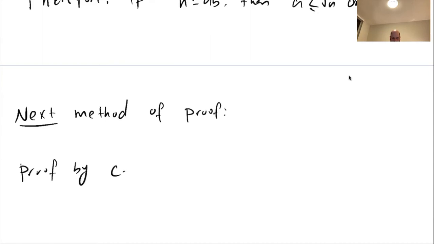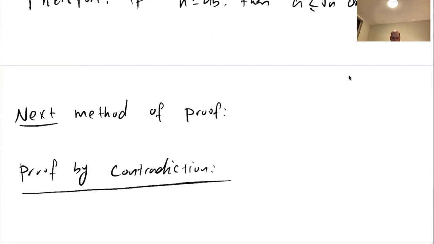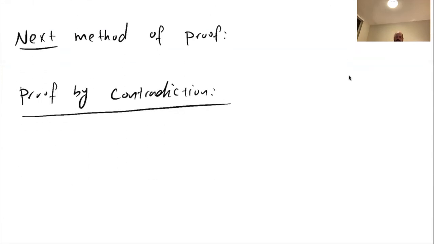Okay, so the next method of proof: proof by contradiction. This is very similar to proof by contraposition.